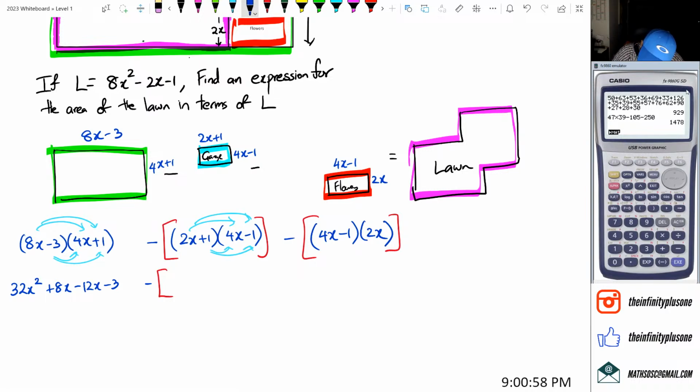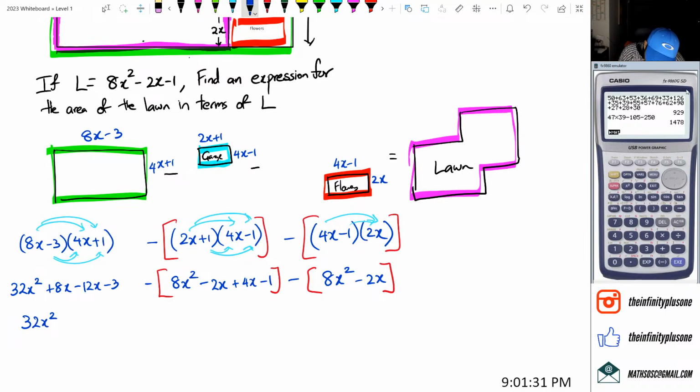which is going to give me 8x squared minus 2x plus 4x minus 1. I hope I'm not going to make a mistake, but it's a very high chance I will, because it's just so easy to make these mistakes, right? Oh, this one's not too bad. This is just 8x squared plus 2x minus 1. Now, because I have that red bracket, I'll simplify everything before bringing it out of the red brackets.